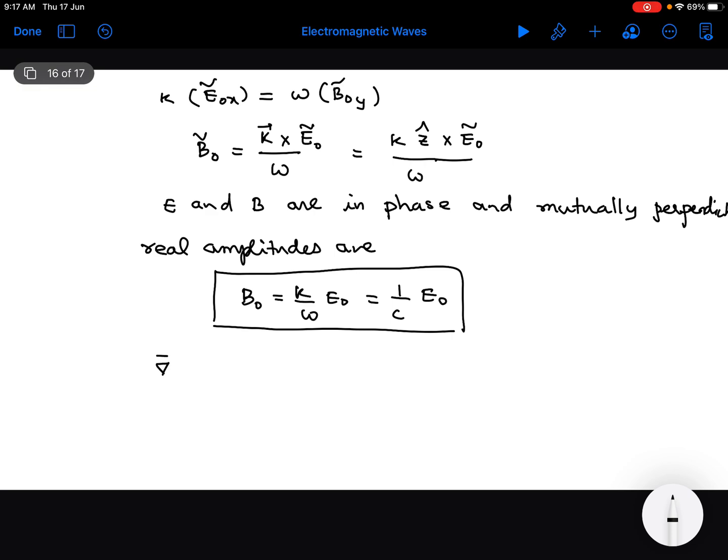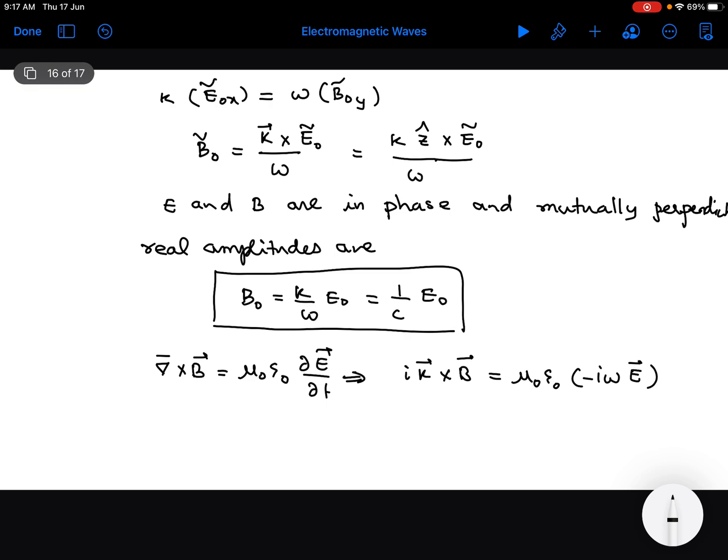Del cross B is equal to mu naught epsilon times dou E by dou t. Wherever del is there, we can replace it by i k dot, so k cross B bar is equal to mu naught epsilon times (minus i omega) E bar.